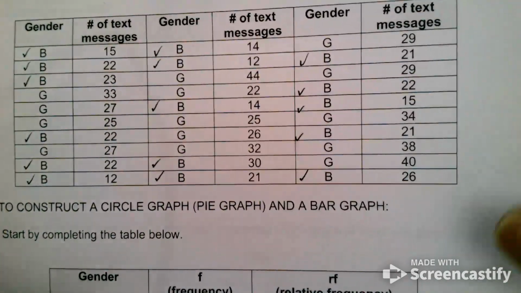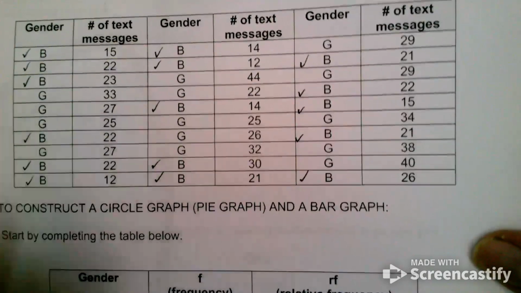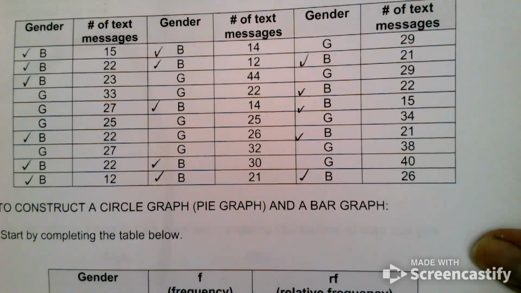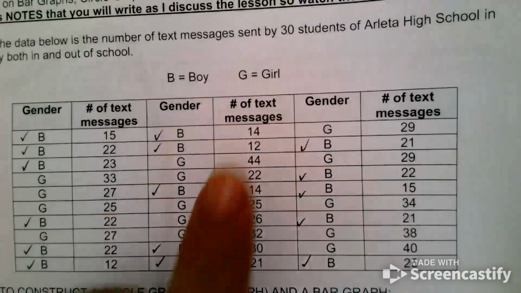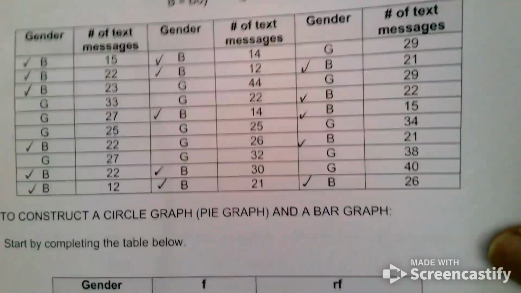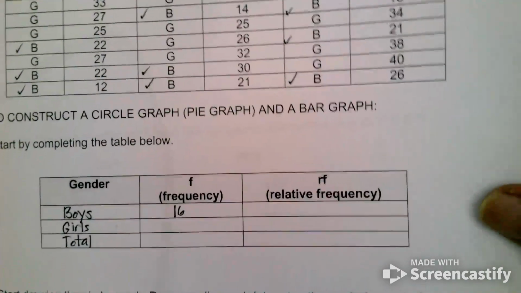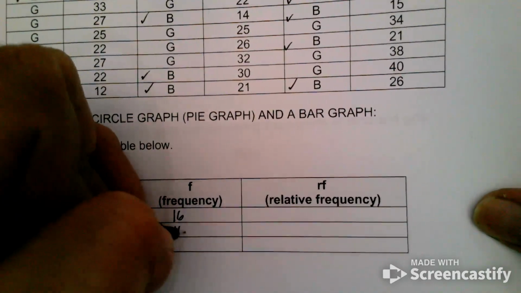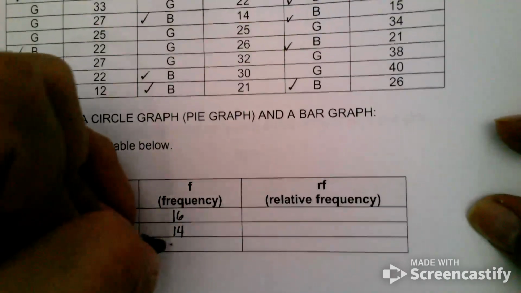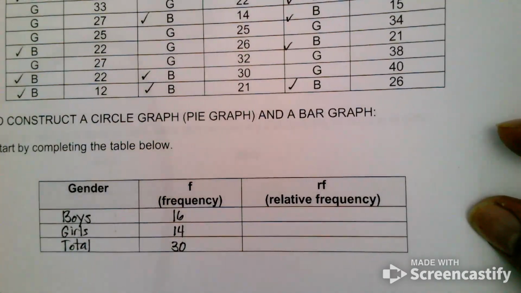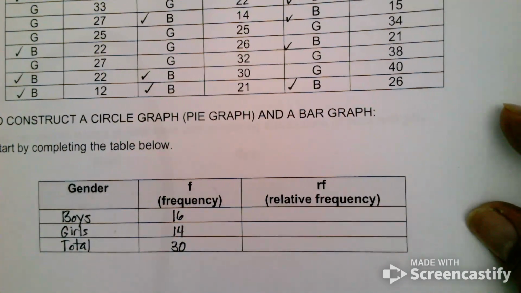So there are 16 boys. Since the total number of students is 30, and 16 of them are boys, it follows that 14 of them are girls. Which means the total has to be 30. Can everybody follow?